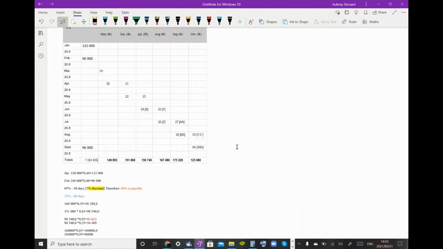Here they only ask you to do the debtors. I don't think they ask you to do the creditors. But practice 3.2, practice 3.1, and make sure you practice 3.9.